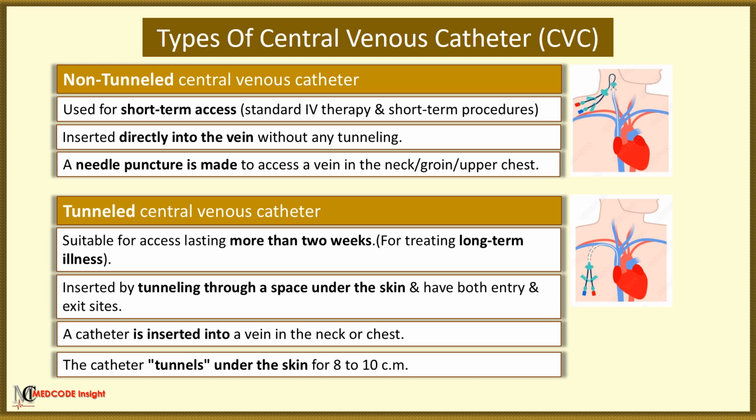Tunneled central venous catheters are suitable for access lasting more than 2 weeks, like for treating long-term illness. It is inserted by tunneling through the space under the skin and has both entry and exit sites. A catheter is inserted into a vein in the neck or chest. The catheter tunnels under the skin for 8 to 10 centimeters.